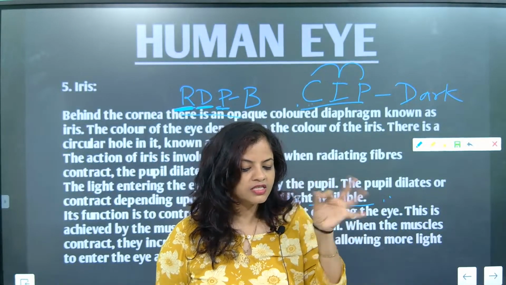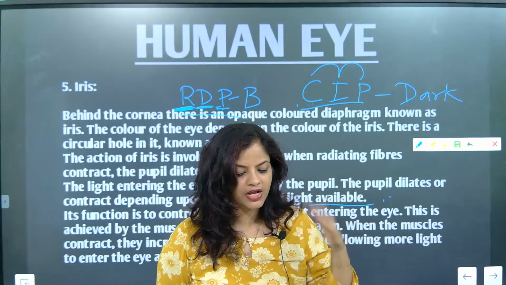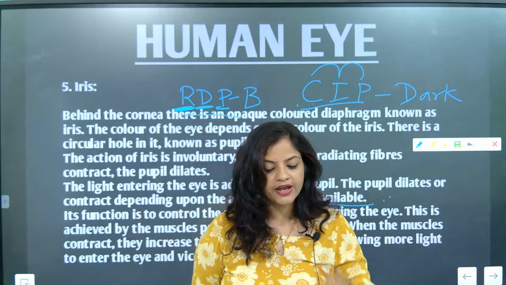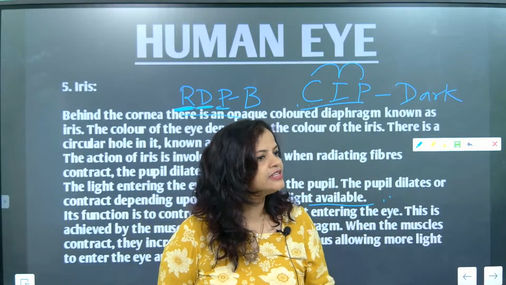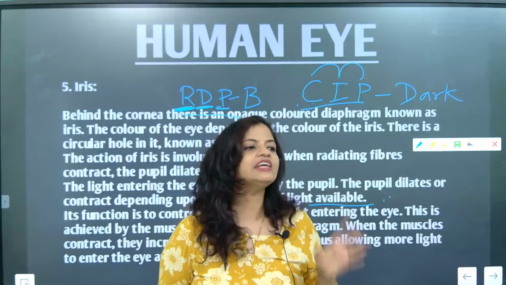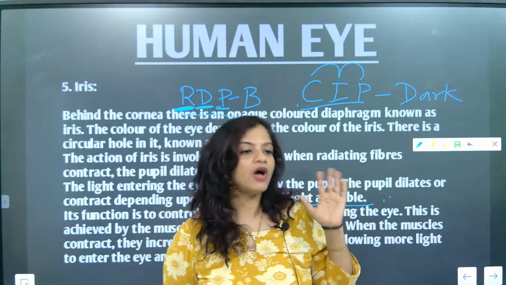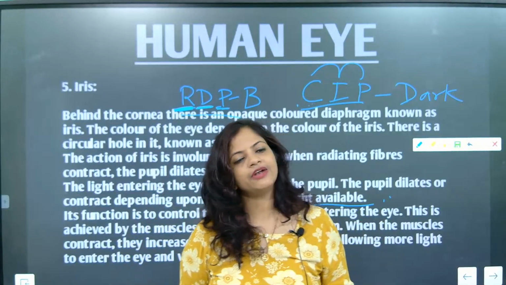What did I tell? CIP. Everybody, I'm seeing now the speed of answering has increased. So now look here. CIP means contraction of the iris increases the pupil size, and mainly it is done in a dark room. Relaxation of the iris will decrease the pupil size, in a bright room.